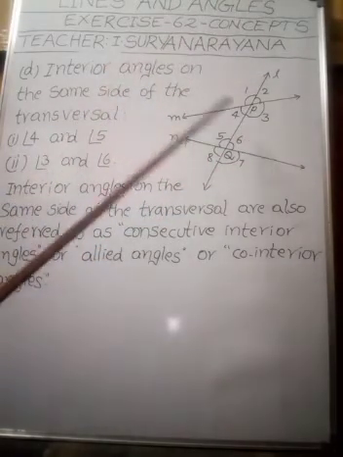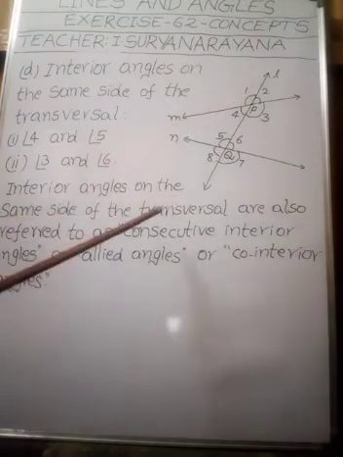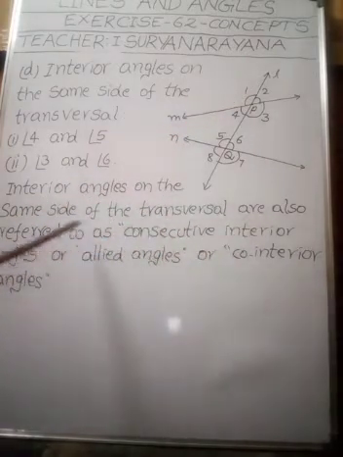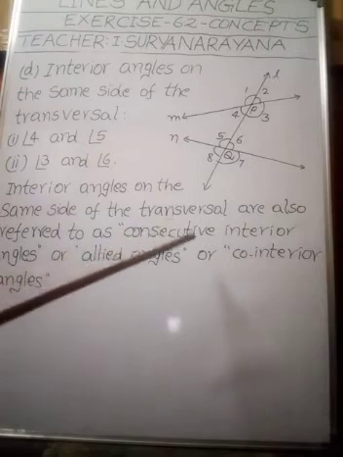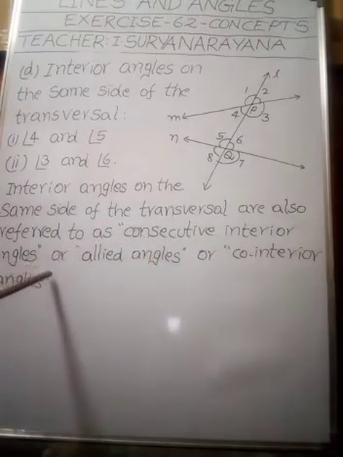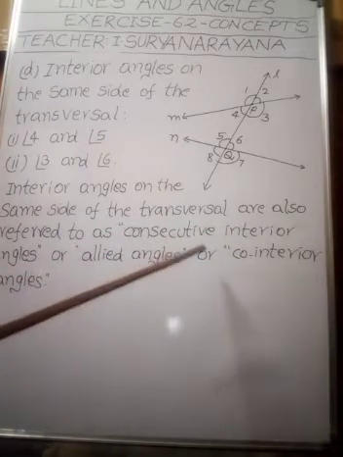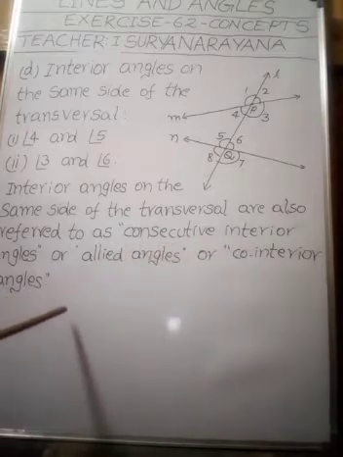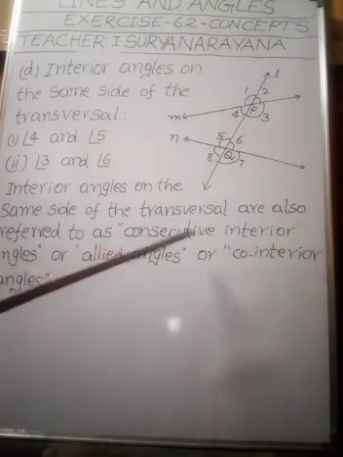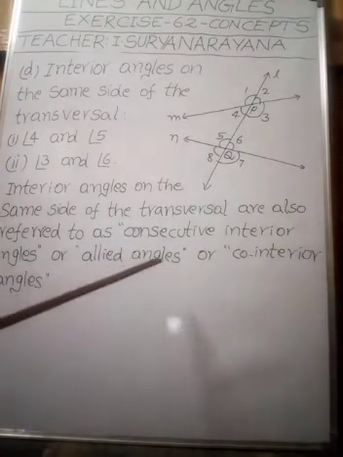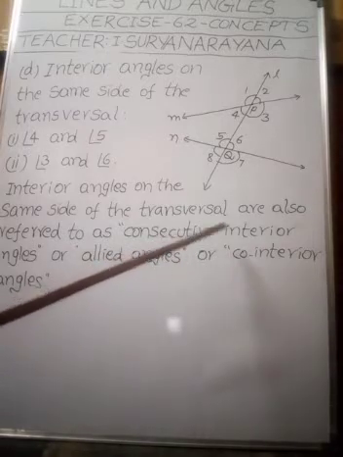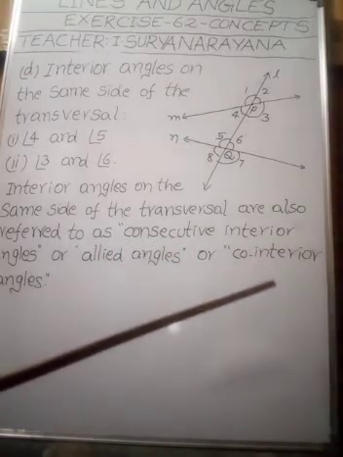Right. These interior angles on the same side of the transversal are also referred to as consecutive interior angles or allied angles or co-interior angles. Different names are there. Okay, my children, you should remember these terminologies also.